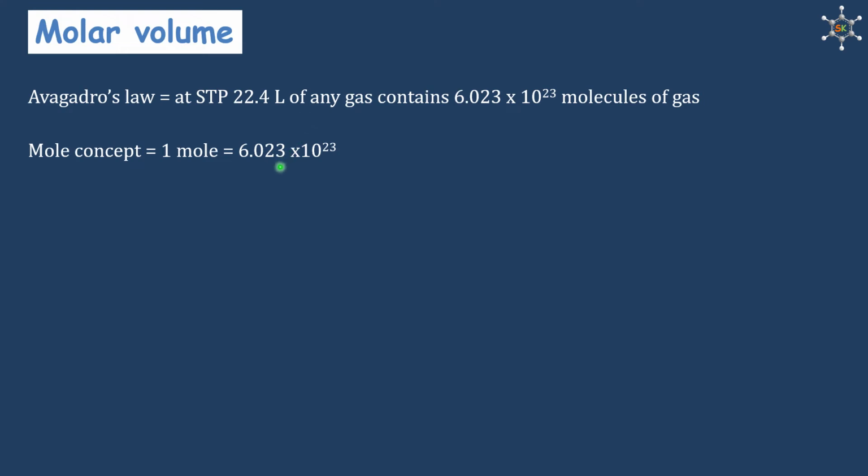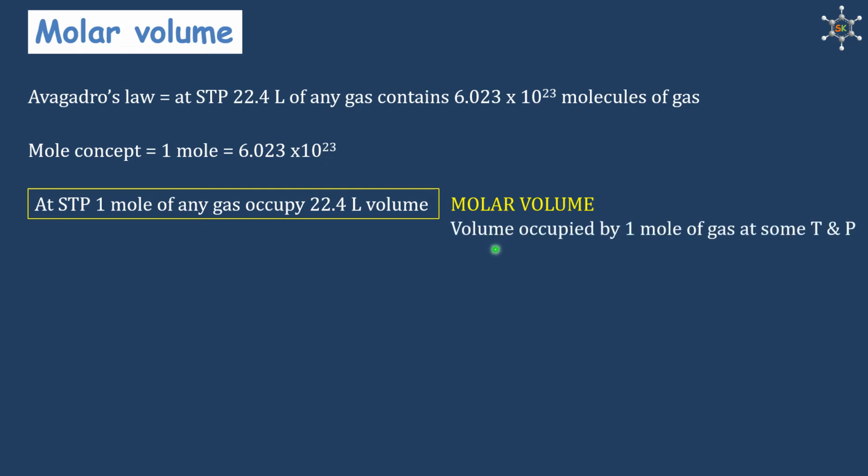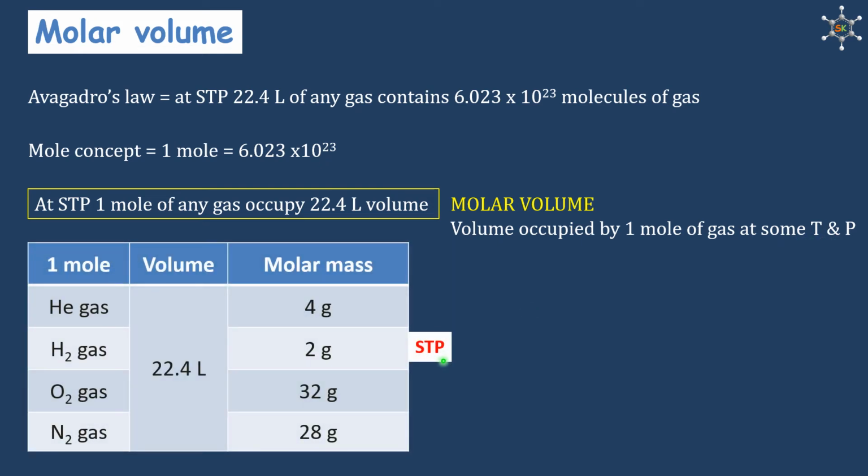By combining these two concepts, we can now state that at STP, 1 mole of any gas occupies 22.4 liters volume. This is nothing but molar volume. In a general way, we can define molar volume as the volume occupied by 1 mole of gas at some temperature and pressure. If we consider STP, then 1 mole of helium gas at STP occupies 22.4 liters volume.